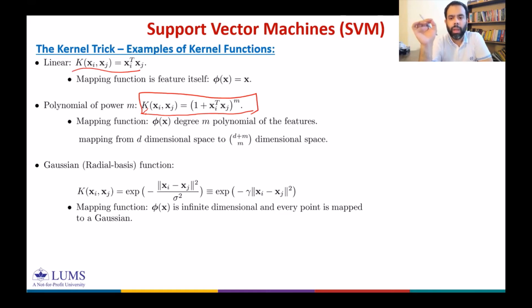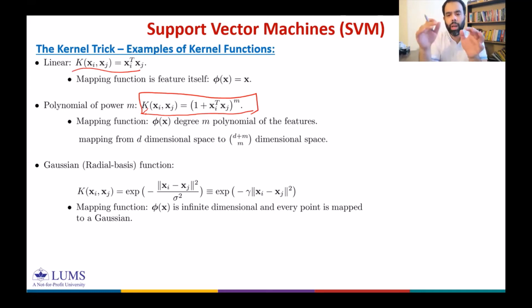If you connect this with the curse of dimensionality we studied earlier in the course, we have data in a high dimensional space. We said the intrinsic dimensionality is very small, so we can compact, we can squeeze it into a low dimensional space using some method, for example, PCA.